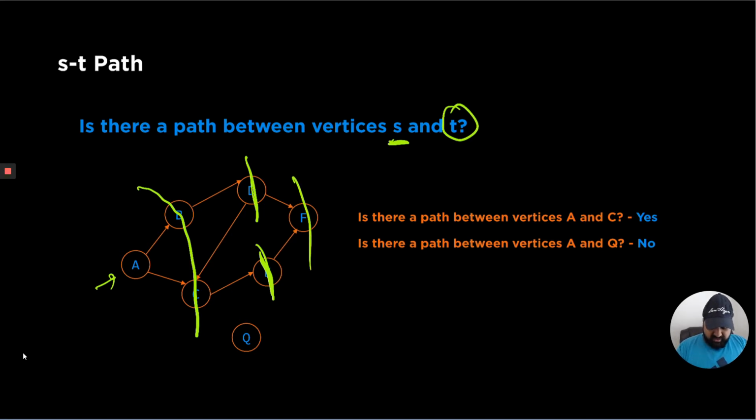So we know there's a path between A and F if F is encountered in the BFS.